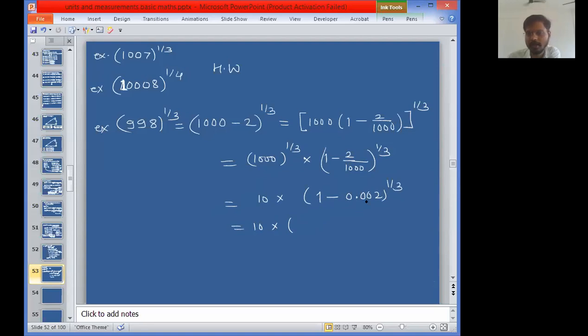Now this is 1 minus fraction raised to n, not 1 plus fraction. 1 minus fraction raised to n is 1 minus n times fraction. We simply have to write multiplication of these two. 1 as it is, then multiplication of these two. This number is negative, this number is positive. Multiplication of these two, negative into positive, negative.